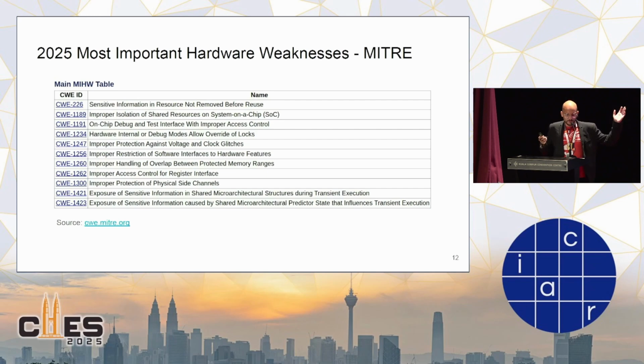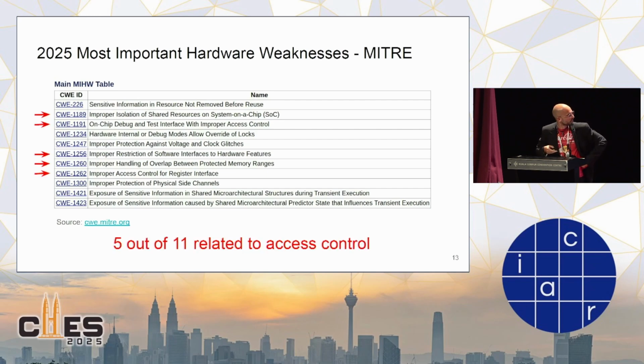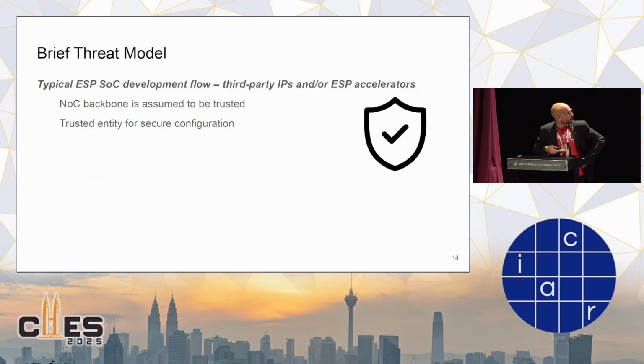And there are very important issues here, but if we look more in detail, 5 out of the 11 individuated by Mitre are related to access control. So this is something that is stable in time. It was similar in the previous table provided by Mitre. So we've been working on access controls in the past because we saw this interest.